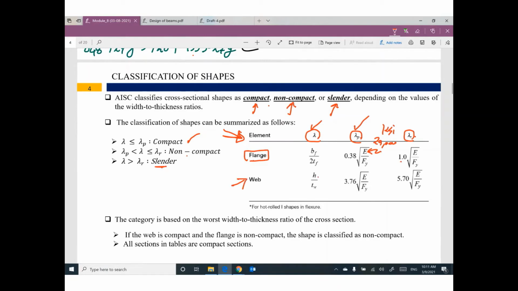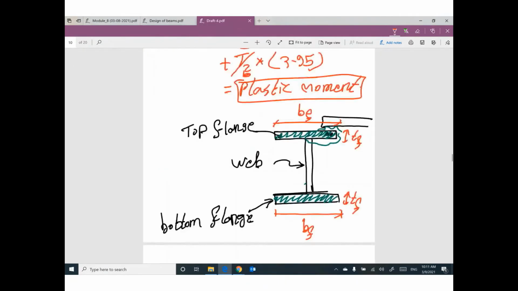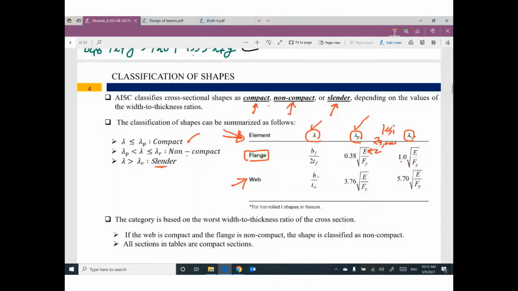h divided by t web. By the way, this web has h and we have t web. h is for the web only, t web is the thickness. If you divide h by t web, you can get lambda.